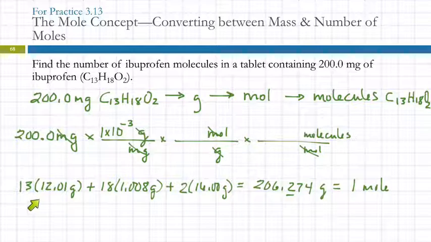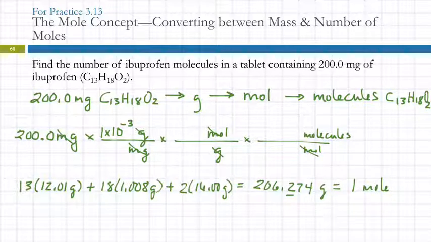I would highly encourage you to write this out, to show your work here, because sometimes when you're doing that addition and multiplication, you make a mistake, you get the wrong number. If you've got it written out, it's very easy to do again. Do not round these masses to whole numbers. Okay? That is not appropriate.